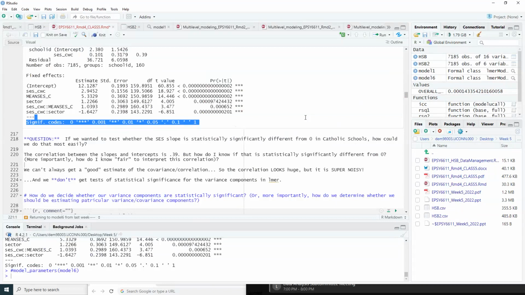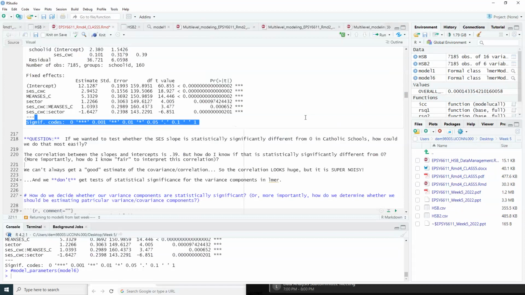I have definitely seen scenarios, in my own work and in other examples, where the covariance between the slope and the intercept is in the 0.9s but it's not statistically significantly different from zero because it's such a noisy estimate. If you put a confidence interval around it, it might be negative 0.9 to positive 0.9, or something crazy like that.